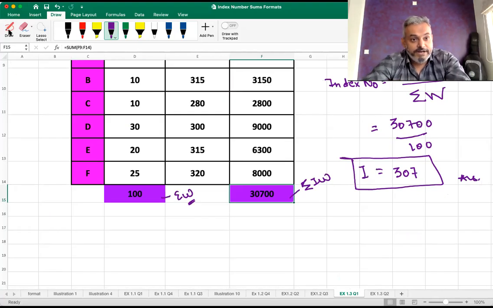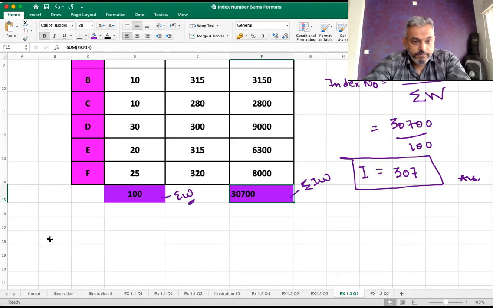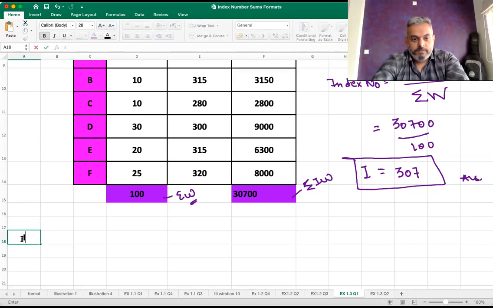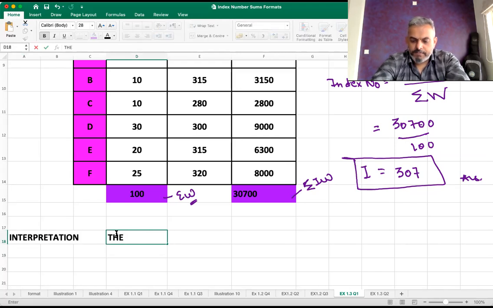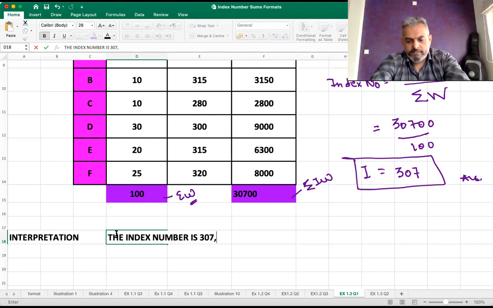Interpretation: the index number is 307.